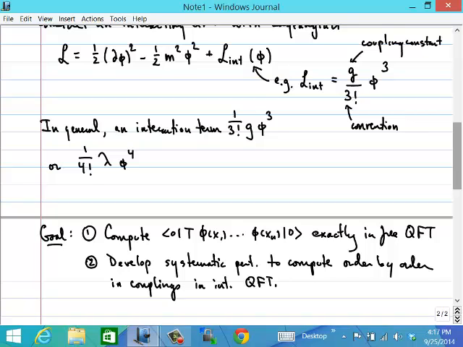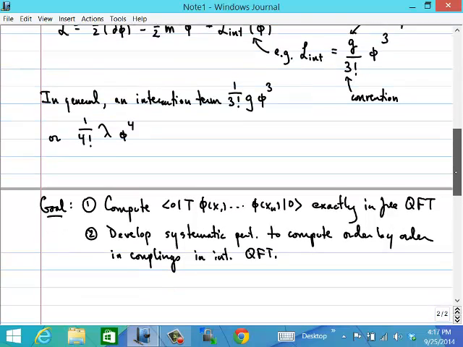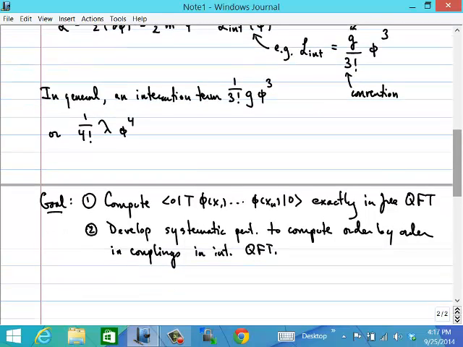And Feynman diagrams are sufficiently interesting and important enough that I'm actually going to give 2 different derivations of the Feynman rules for interacting quantum field theories. I know of at least 3 different derivations. I've decided I'll give 2 of them in this class.